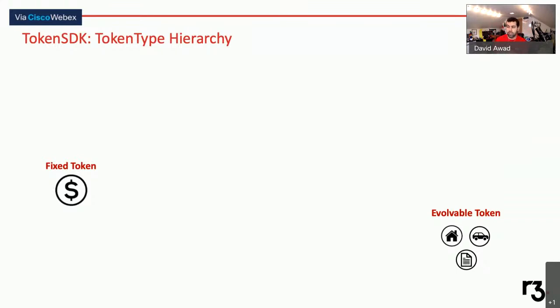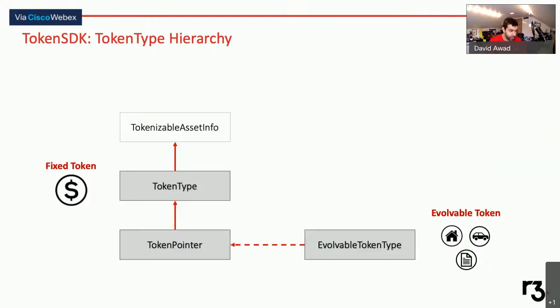But with evolvable token types, it gets a little more complicated, right? You might need to create a separate Corda state to store all the actual evolvable attributes. So in the example we're going to show you, you will create a Corda state called house state, which is an evolvable token type state. And it has some evolvable attributes. Hopefully, this now makes a little bit more sense. Sorry, I showed it to you guys a little too soon.